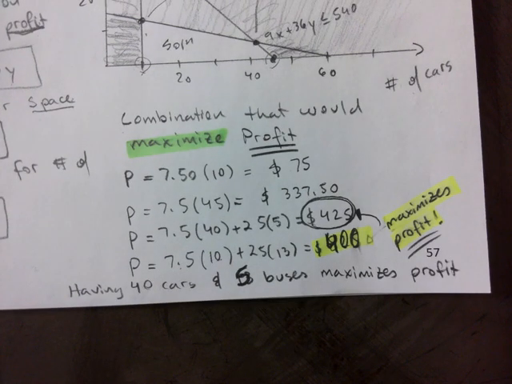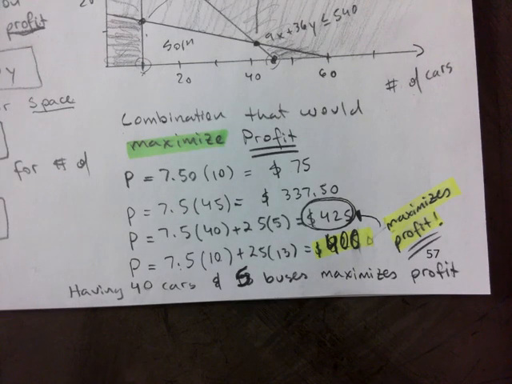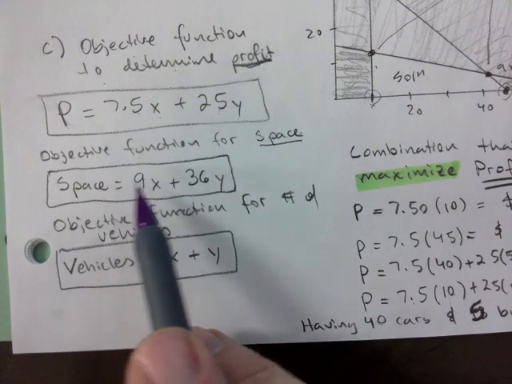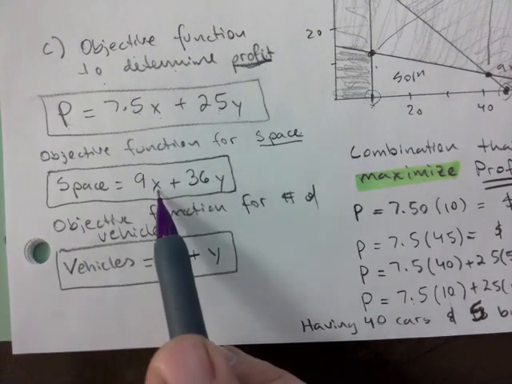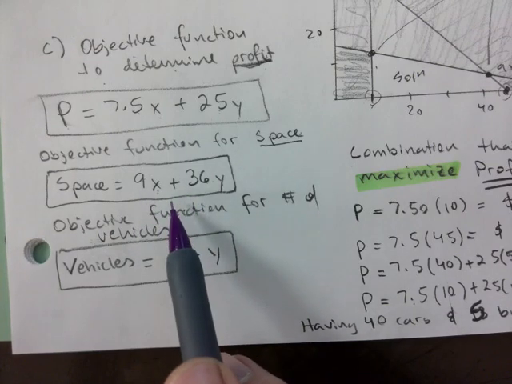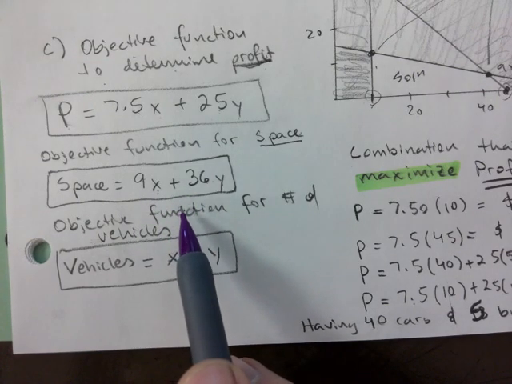Question. I could technically give you this exact same problem, right? But I could say, hey, give me the combination that would minimize the space taken up by the vehicles. Minimize what? Space. You would still use the same POIs, but you would, in this case, want to use that objective function and plug in cars and buses and then figure out the one that would use up the least amount of space, the smallest number, right?